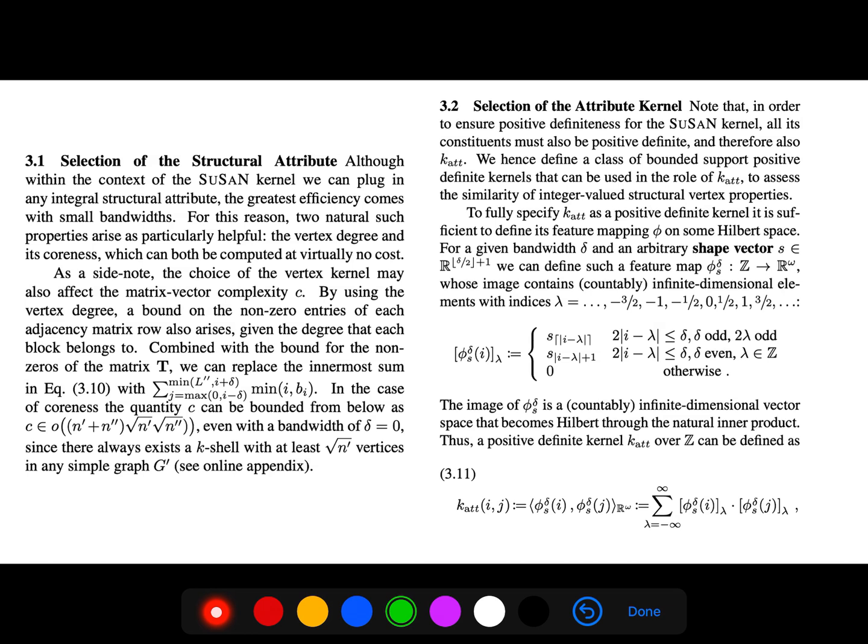We can plug in any integral structure attribute. The greatest efficiency comes with small bandwidth. So two natural such properties arise as particularly helpful, for example vertex degree and its coreness, which can both be computed at virtually no cost.